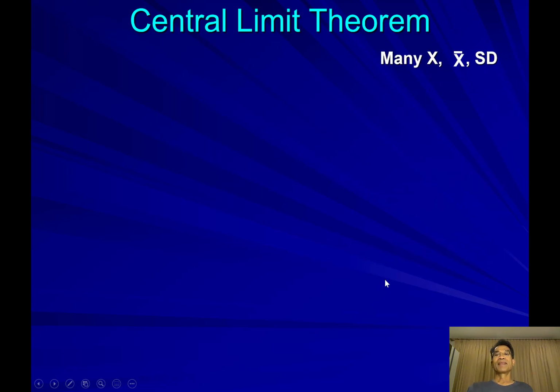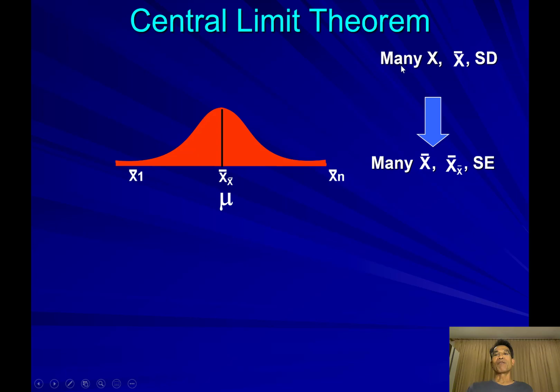Okay? So if we do a repeated sample, we have many X in one sample, but one X bar and one SD. If we do repeated samples, we have many X bar. If we plot many X bar, it will be like this.